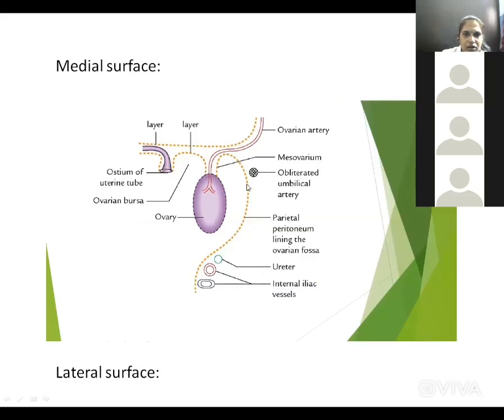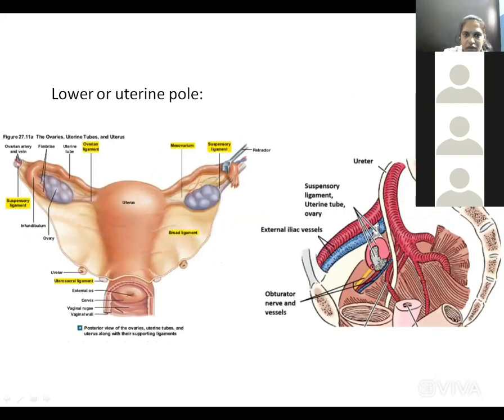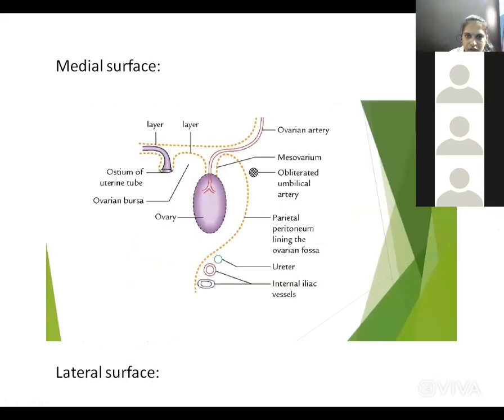Medial surface. Now, this is the medial surface and this is the lateral surface. Okay, moving further. Before proceeding, now look here: upper pole, medial surface, anterior border, all these are related with the uterine tube.